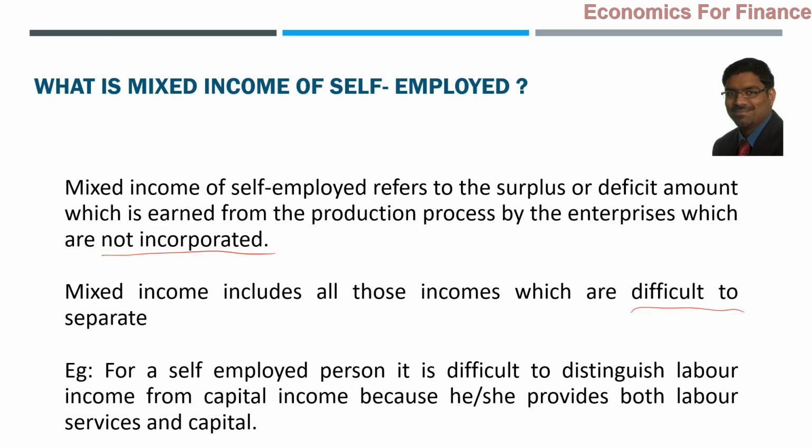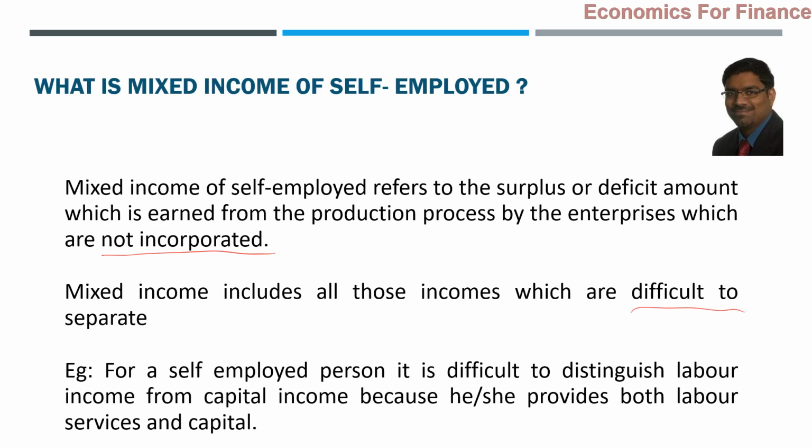For example, as we have taken earlier of a chartered accountant example, similarly, for any self-employed person, it is difficult to distinguish what is the labor income from the capital income. Why? Because that self-employed person provides both labor services and capital also.